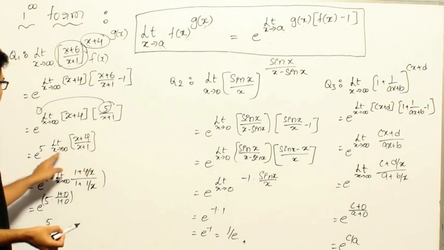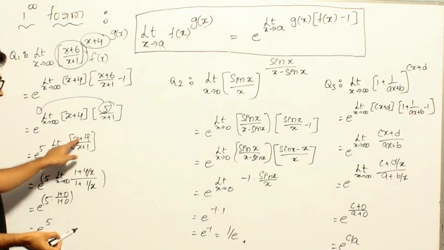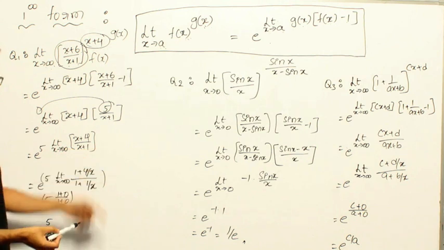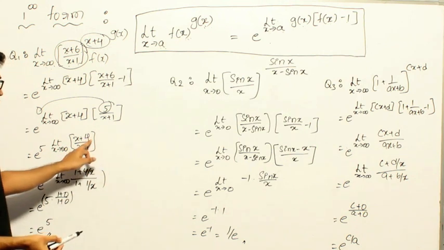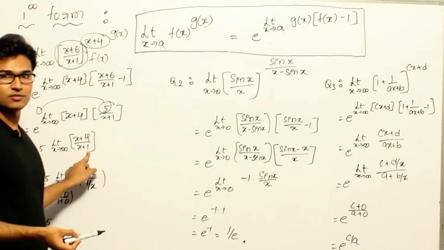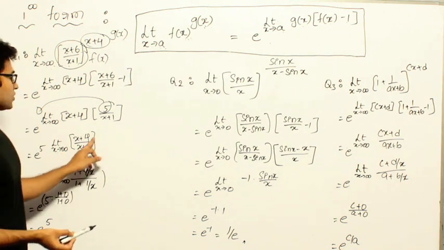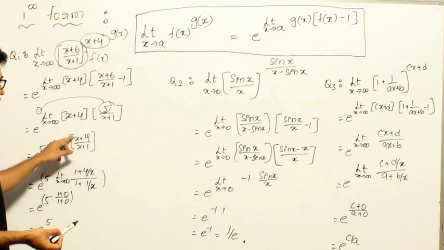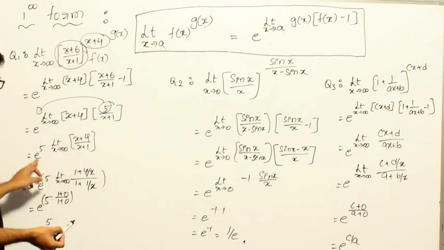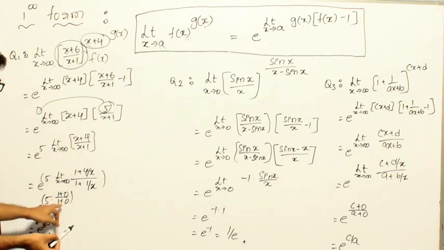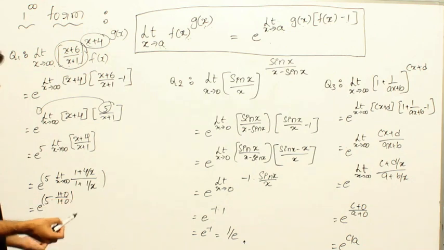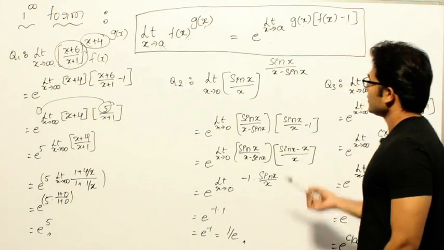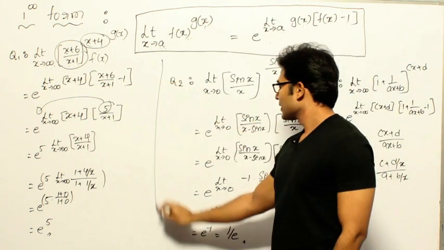Since it is limit x tends to infinity, I can divide numerator and denominator by x. Here I will be getting 4 by x and here 1 by x. If I substitute infinity in those two places, I will be getting 0 and 0. Therefore it is 1 by 1. So it is going to be e power 5 into 1 plus 0, which is e power 5. Got it? Okay.